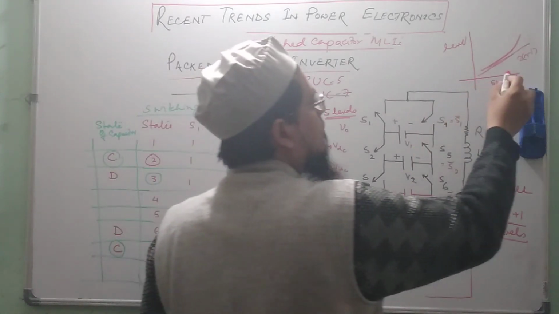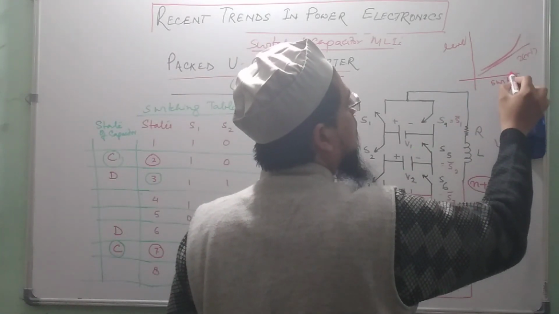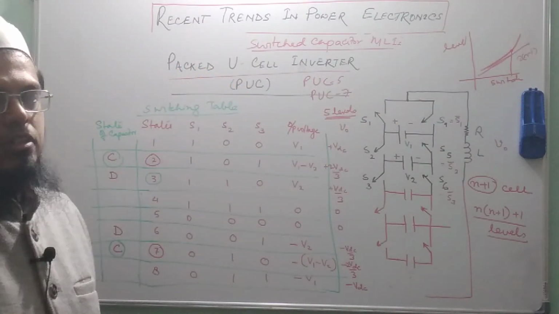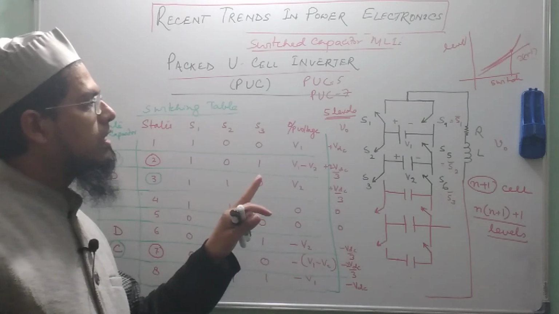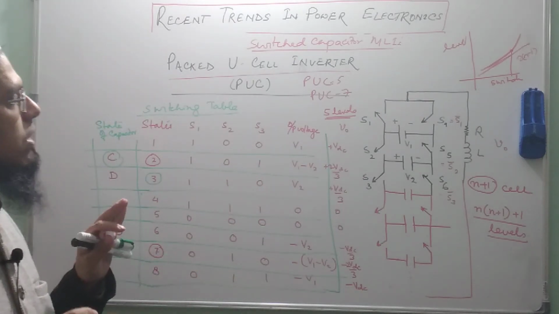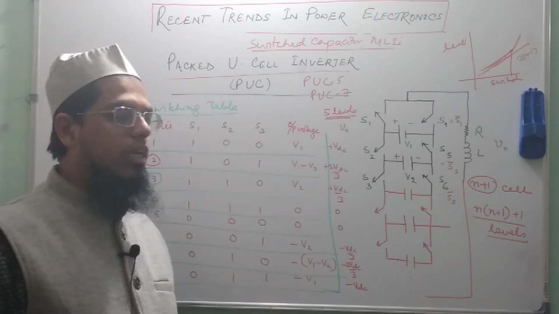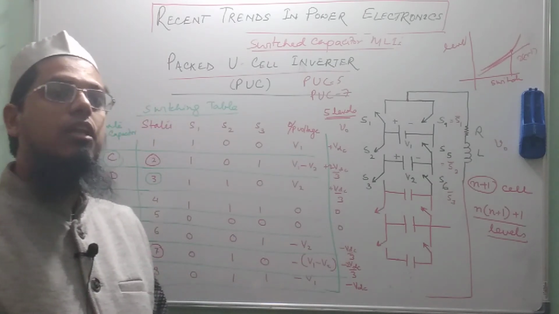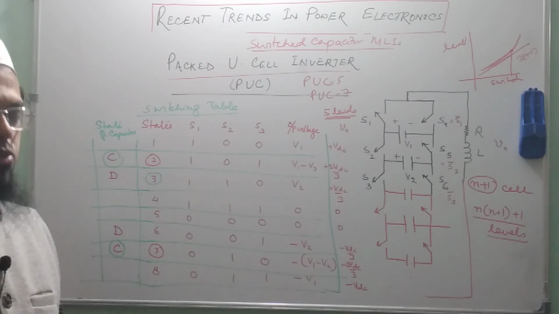So, as the number of levels increases, for a lesser number of switches, the number of levels gets increased manifold. So, this is one of the advantages which we are getting by using this packed U cell inverter, that with a lesser number of switches, we are generating large levels in the output voltage.